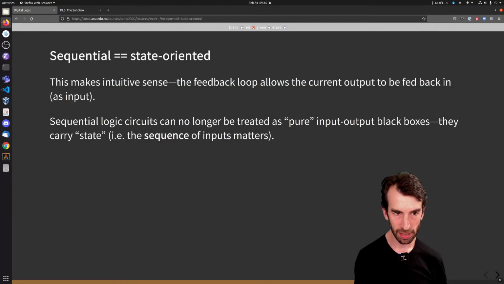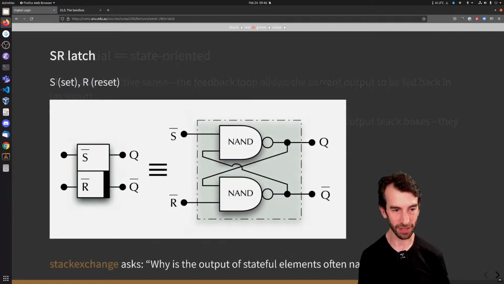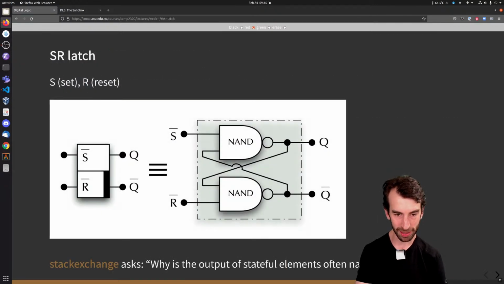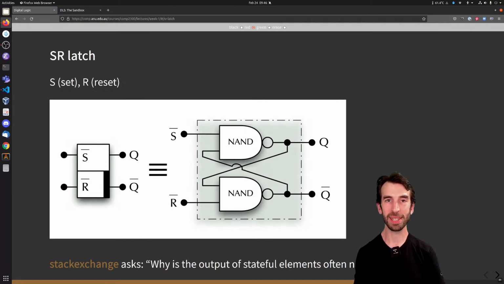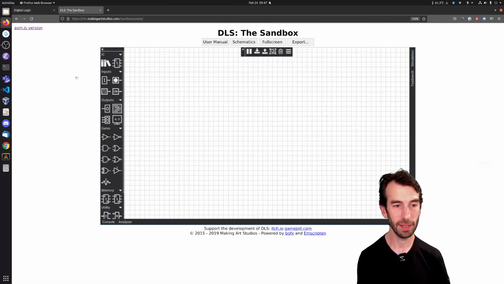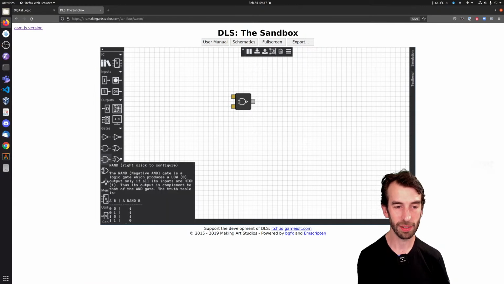So the idea here, I'm just going to go to the circuits. The idea of this circuit is that the outputs are going back into the inputs, which gives us a kind of remembered state of previous activations. And this is a really interesting little circuit. It's called an SR latch. And I would like to make one now in DLS and show you what it can do. So I'm going to need 2 NANDs.